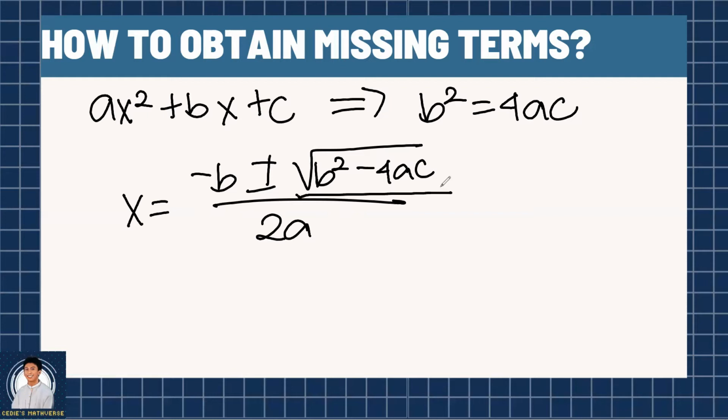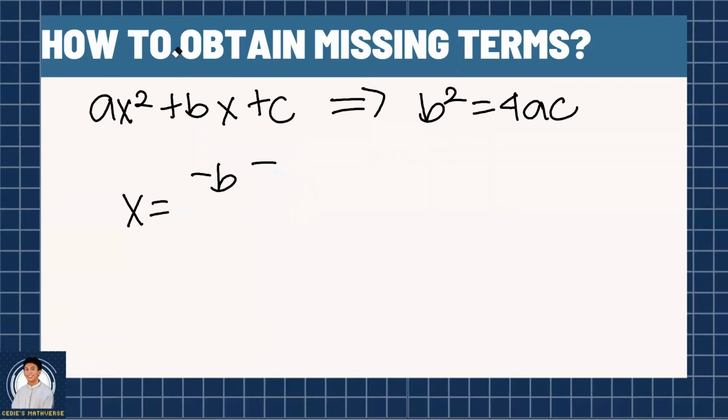If this expression is 0, then this reduces to just negative b over 2a, which means that there's exactly one root and the whole expression is a perfect square trinomial, since they have two identical roots.